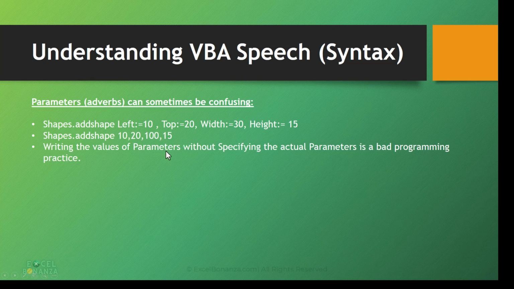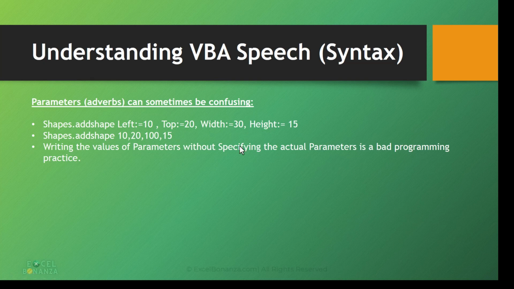So writing the values of the parameters without specifying the actual parameters is a bad programming practice. Even though your code is still going to work, it is better to explicitly write your parameters or adverbs.